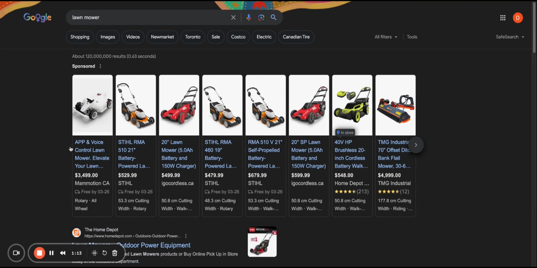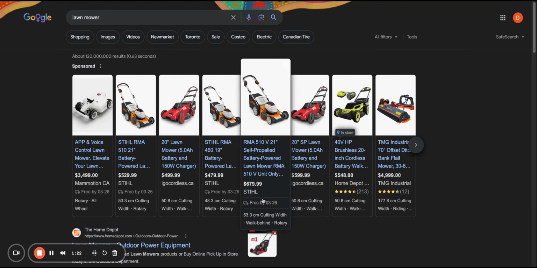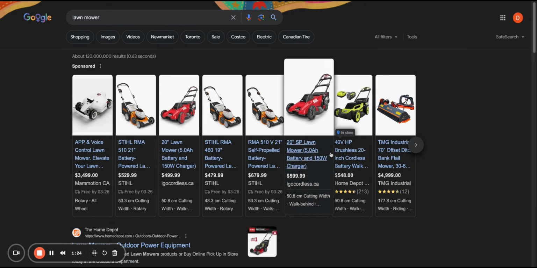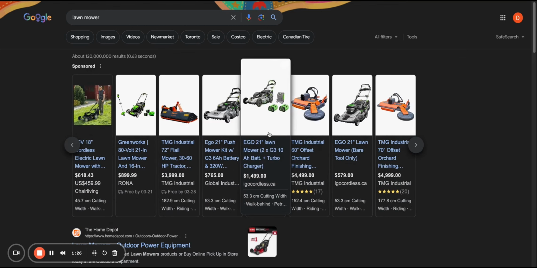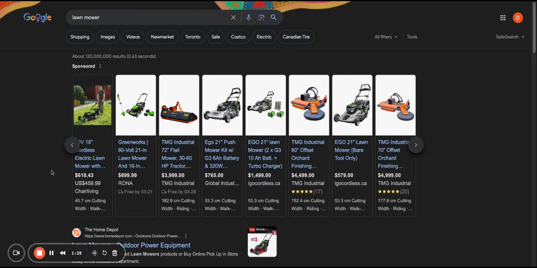So when it comes to your actual shopping ads, you want to be polarizing in some way, in the sense that if your image is quite different, maybe it can be in your pricing as well. Again, lawnmowers have a varying price range. But I would say the main part is the actual image that you have. So you can test out these images.